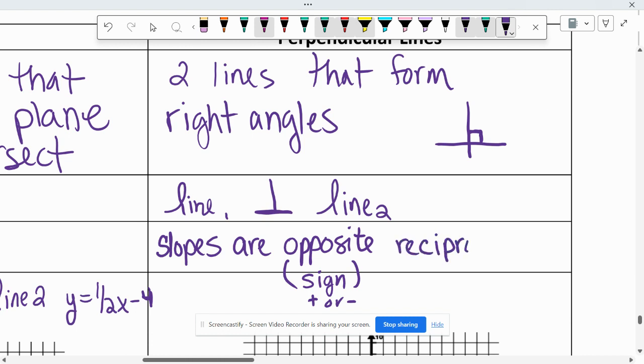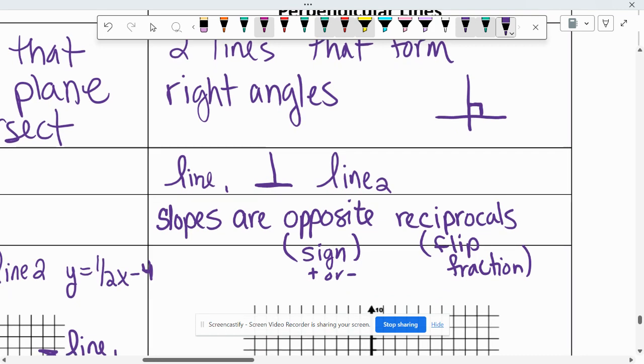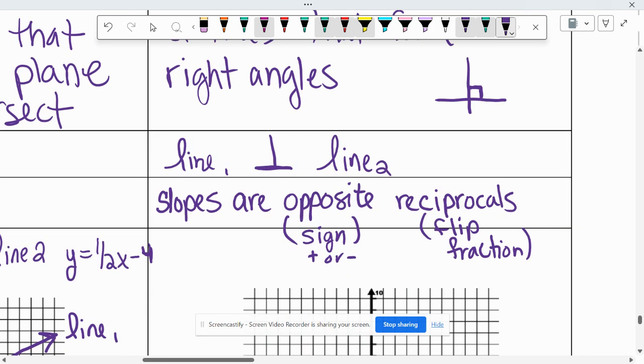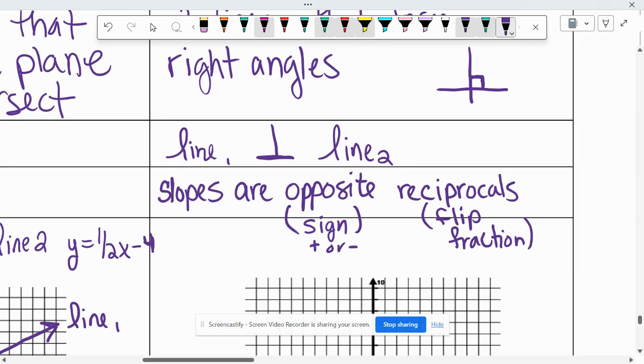Reciprocals. And that means flip the fraction. So their slopes are opposite reciprocals. So we have to change the sign and flip the fraction. That's exactly what that means.